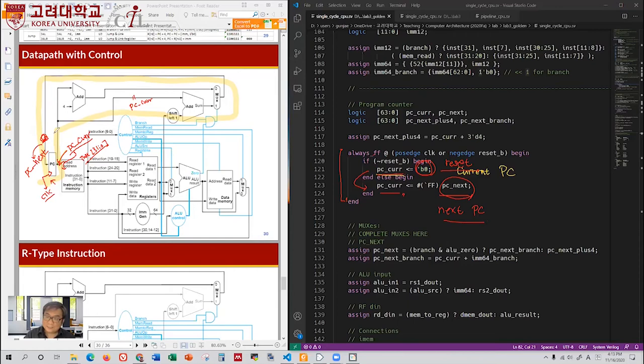That means the next instruction, and the processor reads the next instruction from the instruction memory. So understand? You can find this mux here. So this is the same PC cur, and then this is the 4.